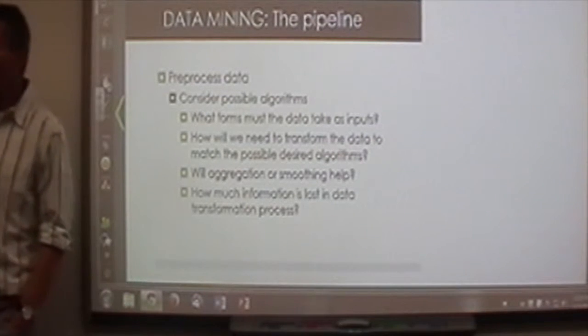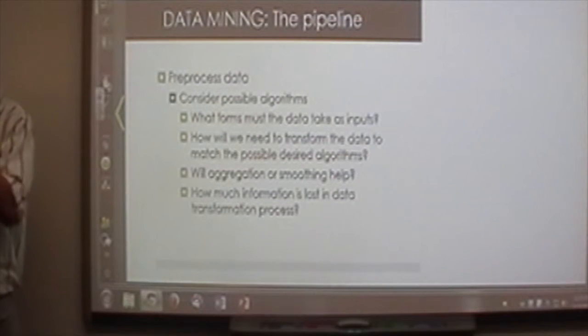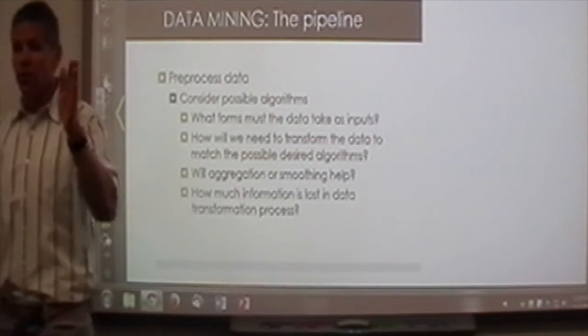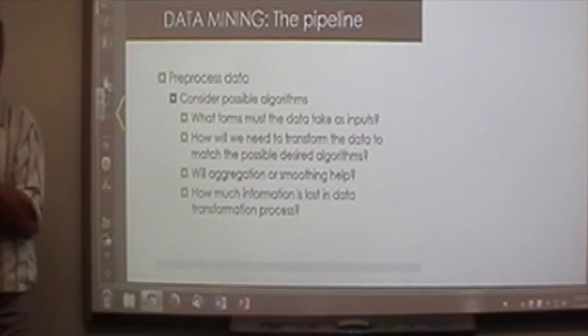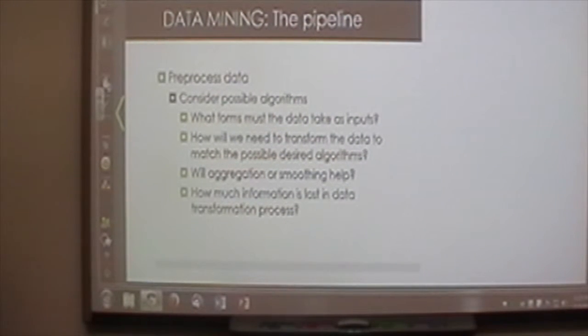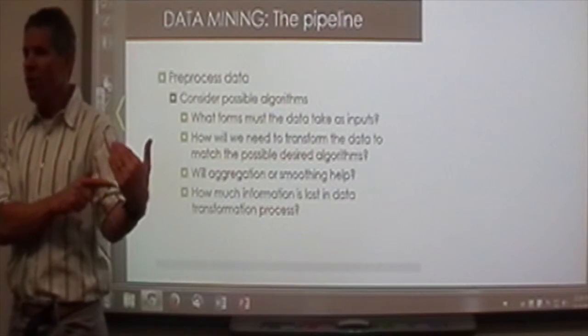So as you consider possible algorithms, you're going to ask yourself, what forms does the data have to take in order to be put into the algorithm? Is it going to allow for continuous data? Does it have to be discretized in some manner, or even binarized into two bits? If you've chosen an algorithm, how are you going to have to transform the data into that form?